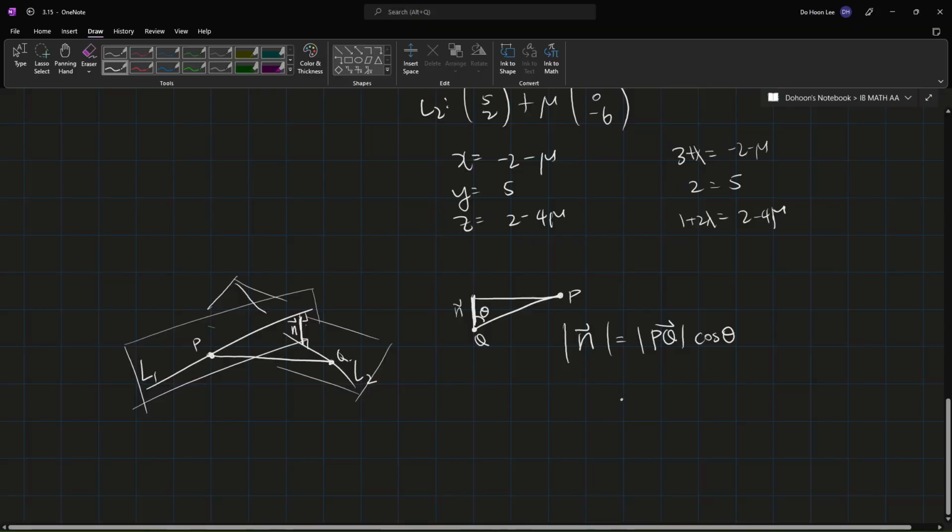Let's do that. This time it will be the magnitude of PQ times the PQ scalar product with the normal vector, divided by the magnitude of PQ and the magnitude of the normal vector.